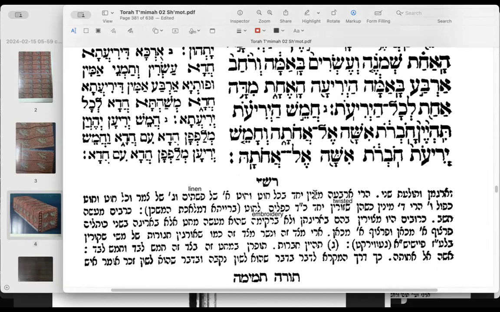Hare arba'a minim yachad. So in other words, each thread from which they wove this curtain was made out of four different types of material. B'chol chut v'chut, in each and every thread, echad shel tishtim, one thread was made out of linen, v'shalosh shel tzemer, and three of wool that were twisted together.